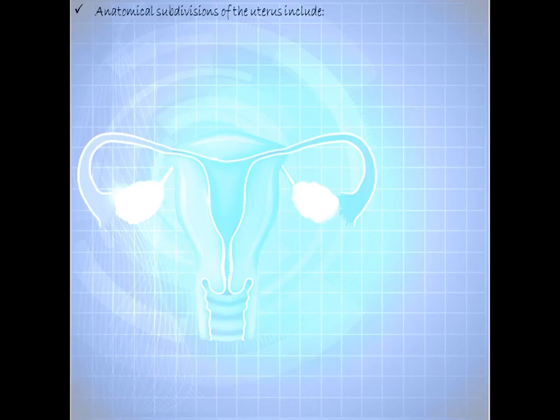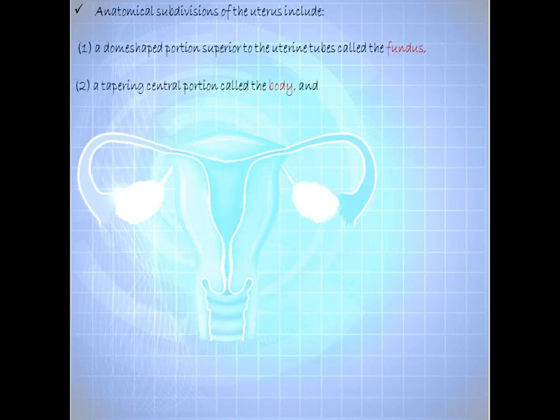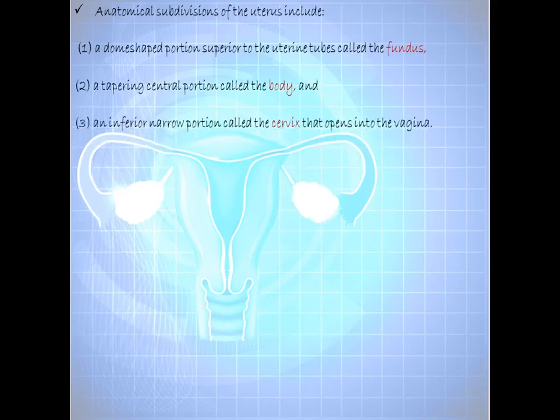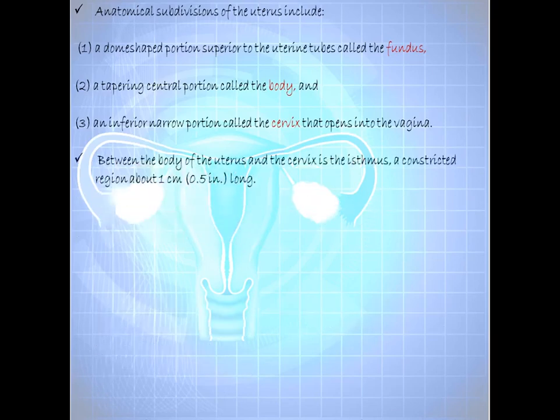Anatomical subdivisions of the uterus include a dome-shaped portion superior to the uterine tubes called the fundus, a tapering central portion called the body, and an inferior narrow portion called the cervix that opens into the vagina. Between the body of the uterus and the cervix is the isthmus, a constricted region about 1 centimeter long.